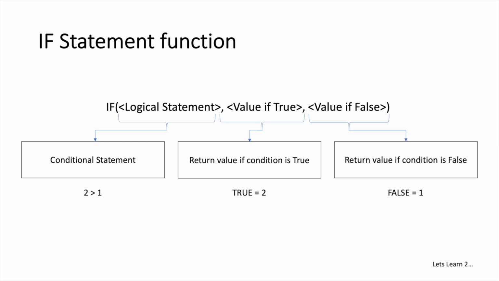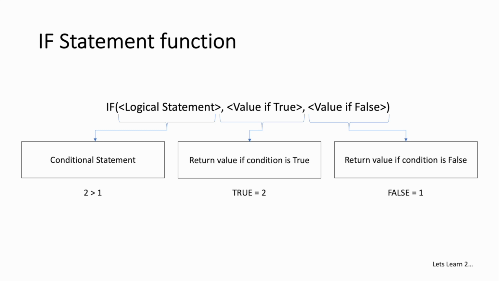And if the condition is not met, or it is false, then the third parameter is what will be returned. For example, if I give a condition that 2 is greater than 1, because it is true, my true statement will be triggered. Otherwise, if it had been less than 1, my false parameter would have been triggered.